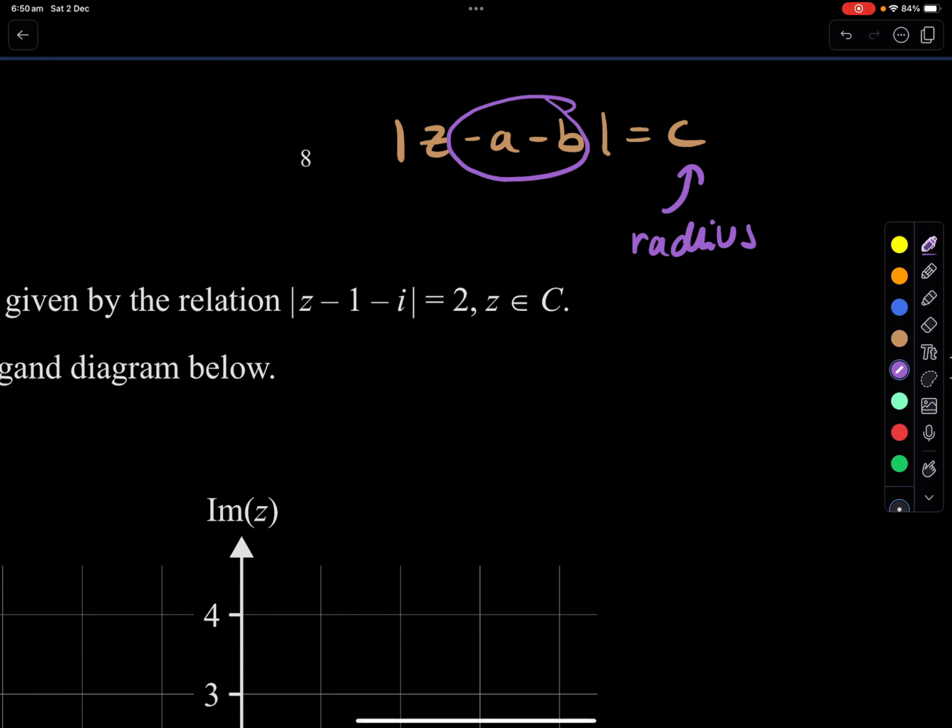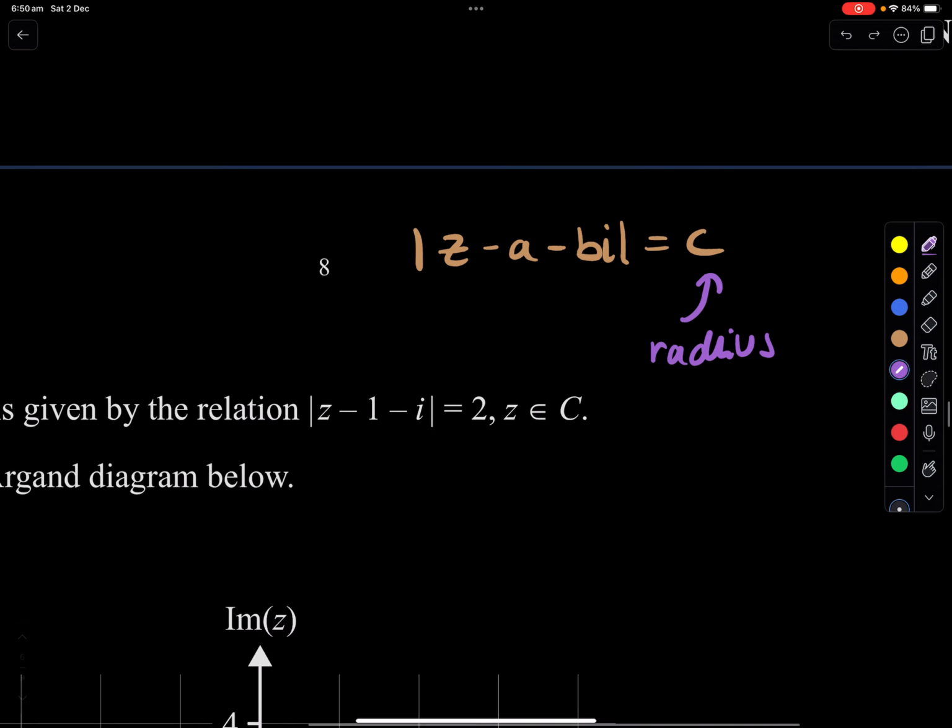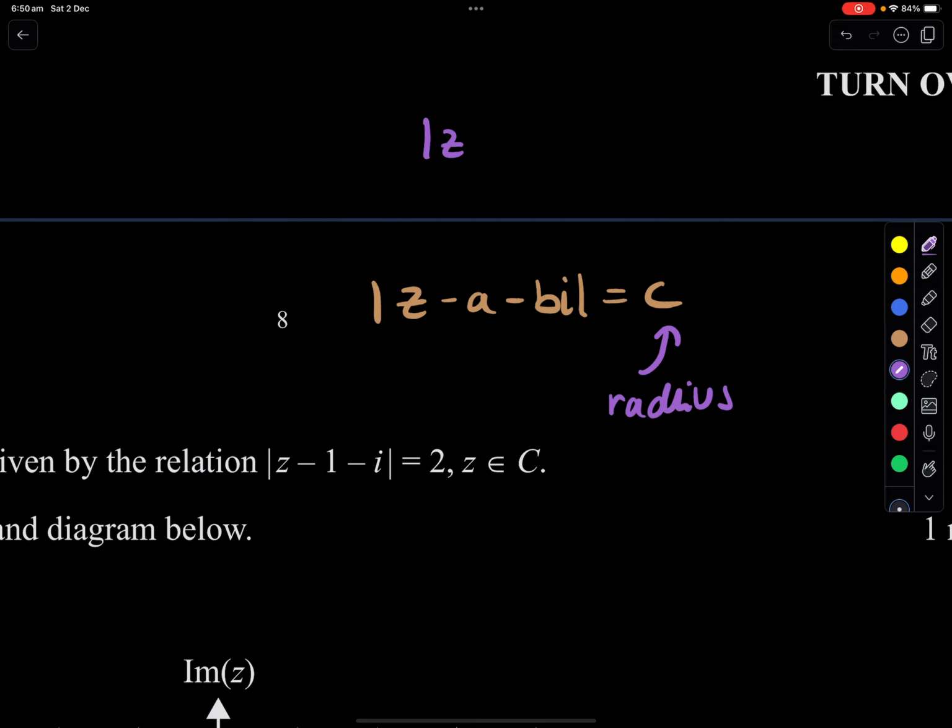This over here is supposed to be i. Imagine just solving the inside: Z minus A minus Bi equals 0, hence Z is just A plus Bi.